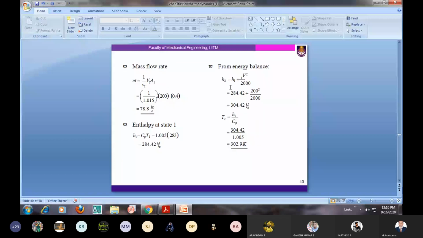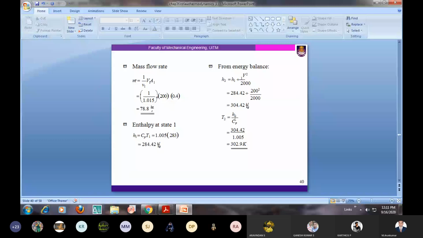Then again we know the H2 value, so we can use the same formula to get the T2 value. So H2 is equal to Cp into T2, so we can rearrange this equation. Right.